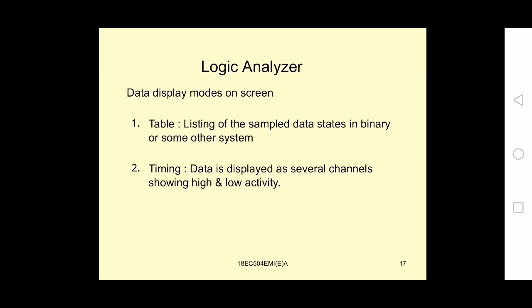Next, display modes on the screen: you can have either a table or timing. A table will be a listing of the sample data states in binary or some other system.